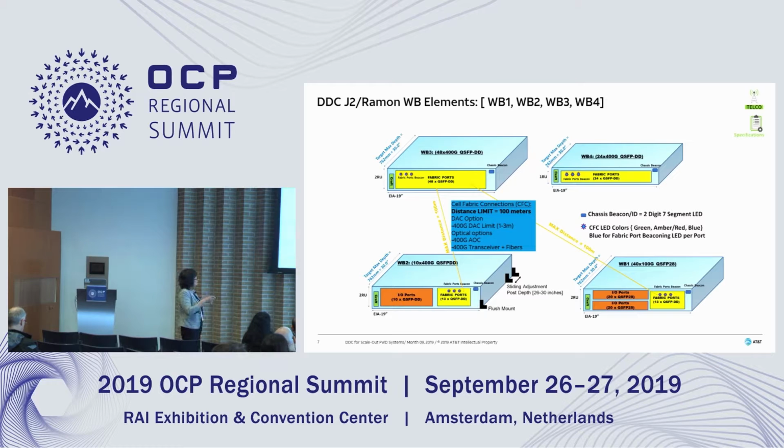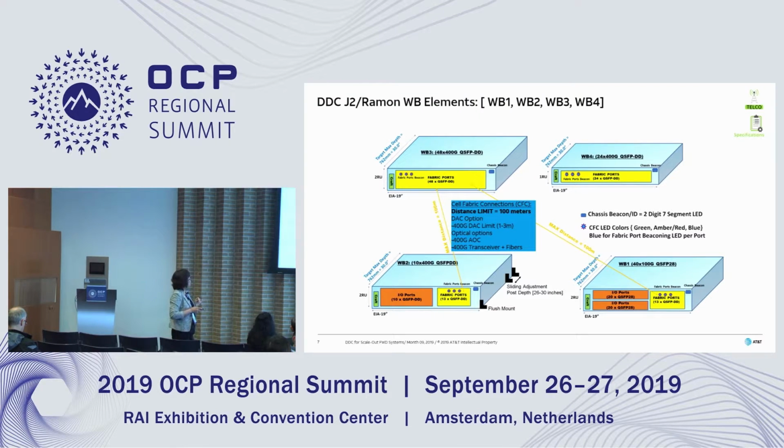So it's 2 RU, and then the one for the cell fabric chassis would be half of the top one, white box 3, right? No, the 4 would be half of the white box 3, right?